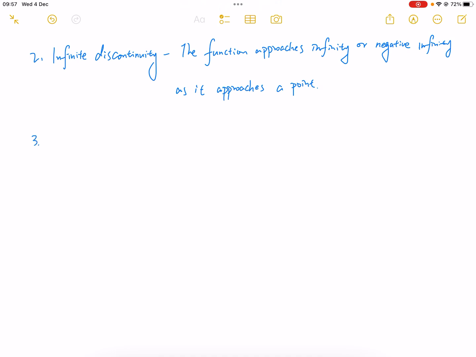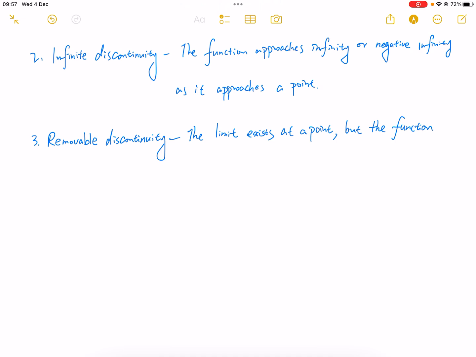And next, removable discontinuity. The limit exists at a point, but the function is either not defined there or defined incorrectly.